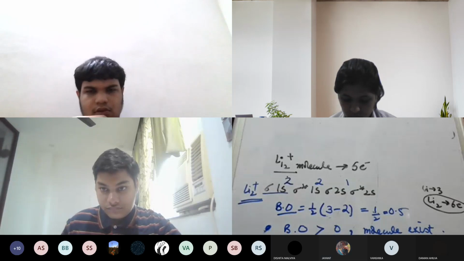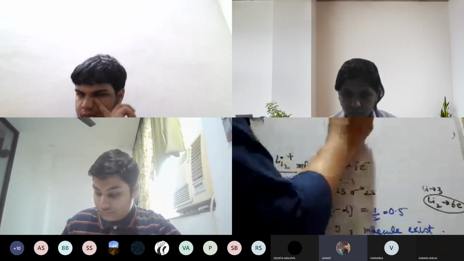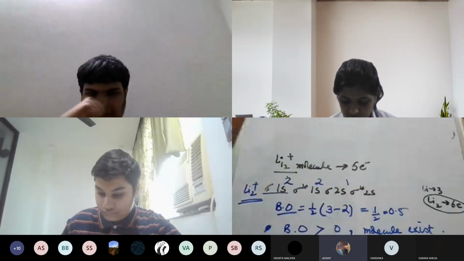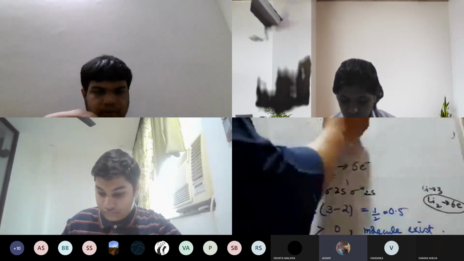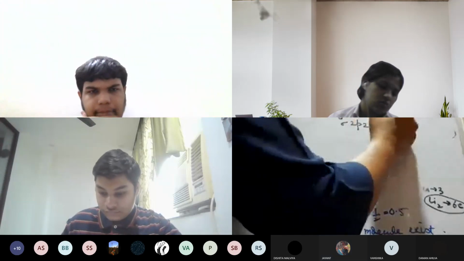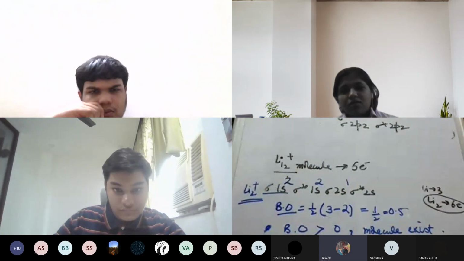Sigma. Pz forms the normal sigma bond, like it is the pole; hybrid orbital is not present with pz. Pz forms the sigma bond, right? Yes, it is forming sigma bond. तो आपका बनेगा sigma 2pz और एक बनेगा anti bonding 2pz. Yes or no?